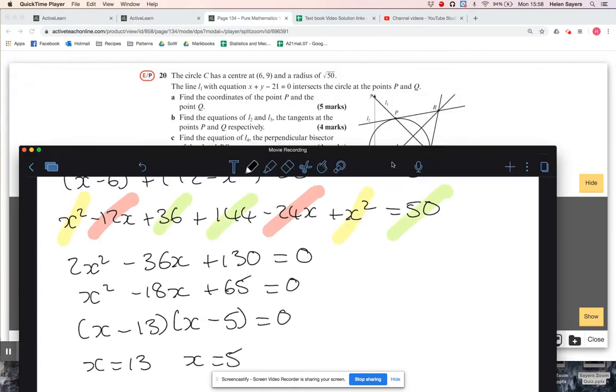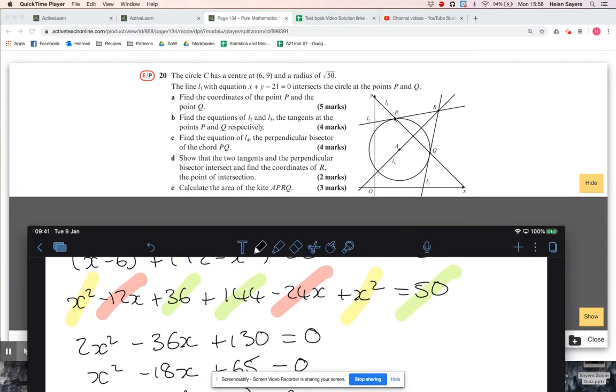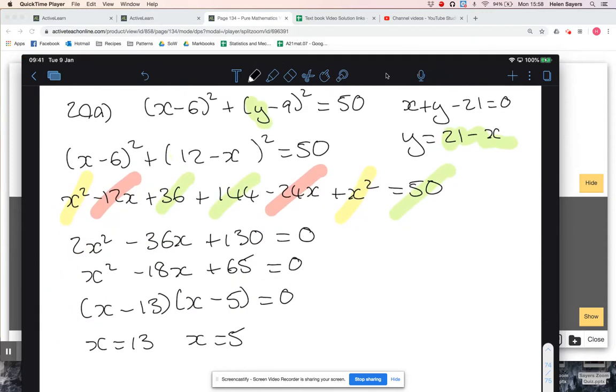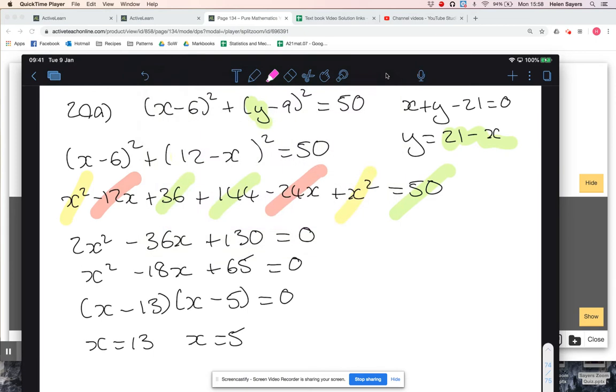We can have a quick look on the diagram. Yeah, x should be positive at P and Q. So that's going to be the x is 5. That's going to be the x is 13. So that's looking okay. And then I'm going to go back to this, use this equation to find y. So I've got x is 13, so y will be 21 minus 13.